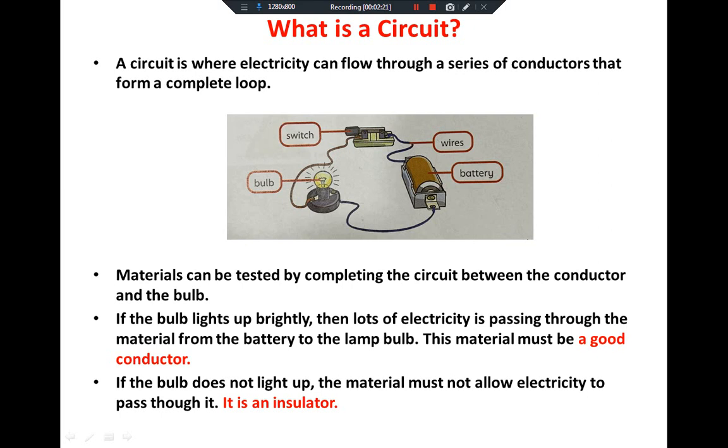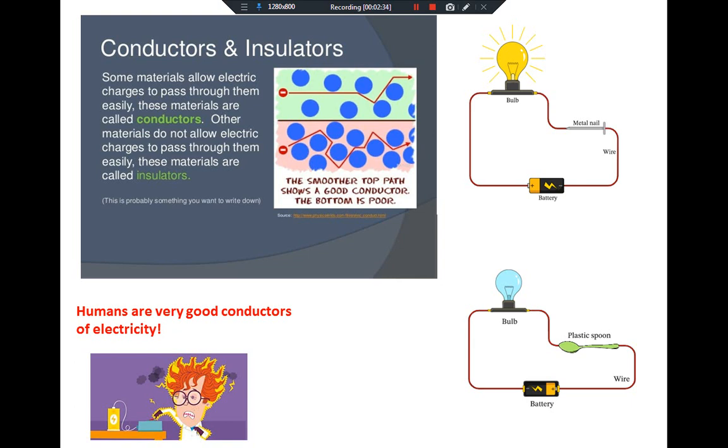So what if the bulb doesn't turn on? If the bulb doesn't light up, the materials must not allow electricity to pass through them. Therefore, they are called insulators. So, some materials allow electric charge to pass through them easily. These materials are called conductors.